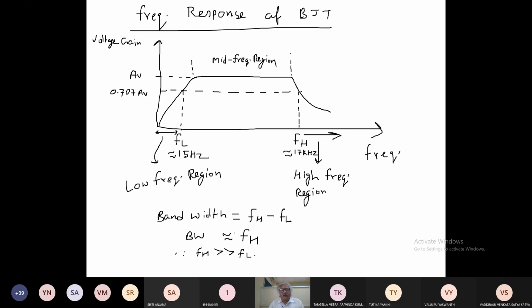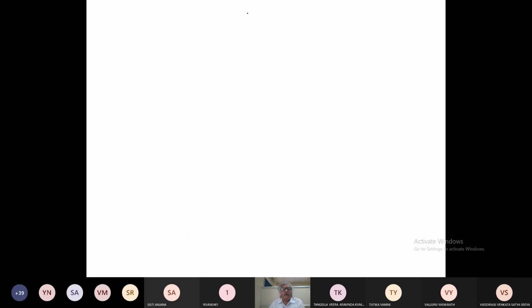I will draw one circuit of an amplifier. What are the normal circuits available for the amplifier?